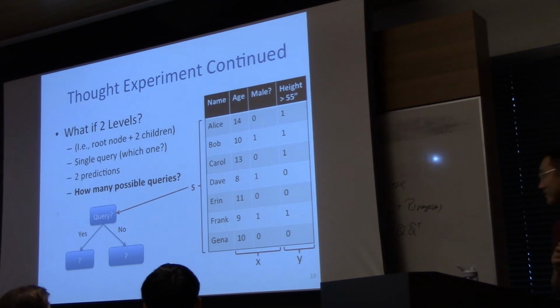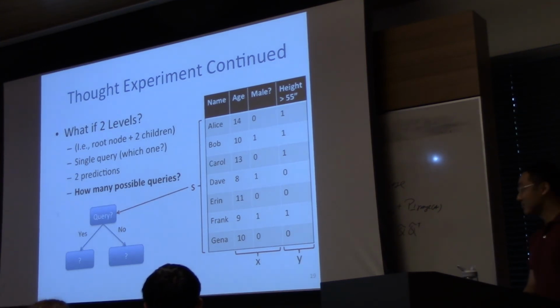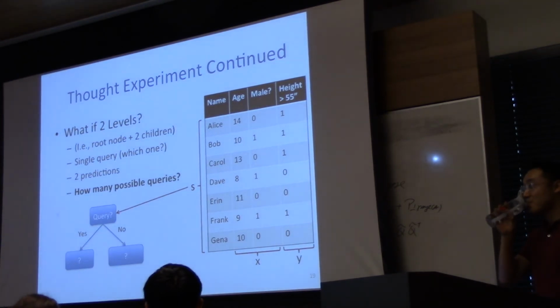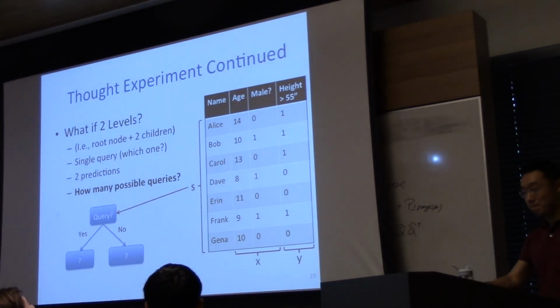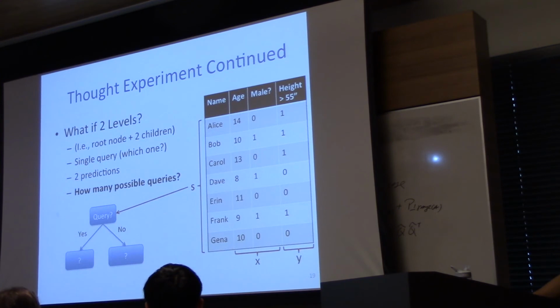Can anyone tell me, roughly speaking, how many queries this would require if I were to exhaustively try all possible queries? Silence is deafening. Okay, homework 2 is a little hard, I get it.